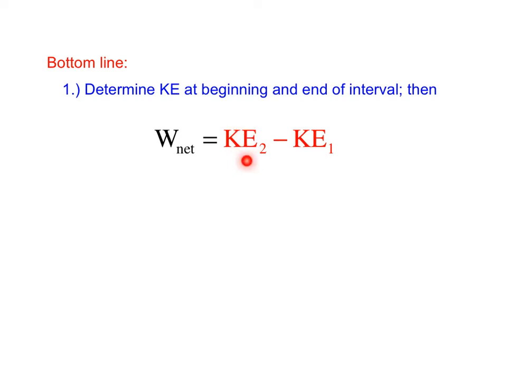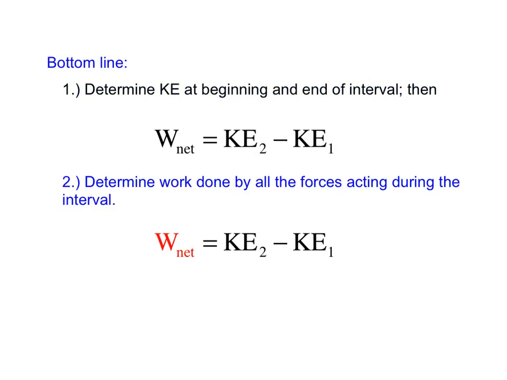And that's the right-hand side of the equation. You identify all the forces that are doing work over the interval, and you figure out how much work each of those forces does, and you add them all up on the left-hand side, put that equal to the change in the kinetic energy, and by the time you get done, hopefully you'll have a relationship that you can solve for whatever variable you're looking for.